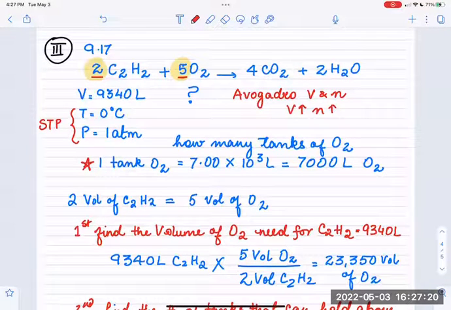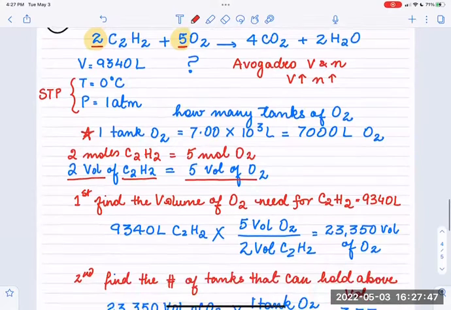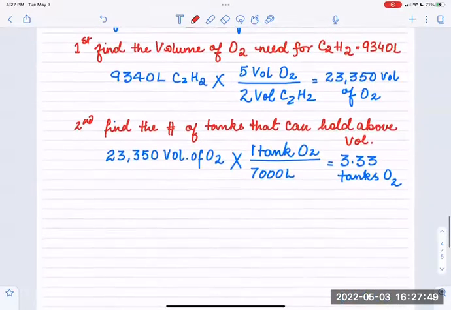Yes, we know 2 moles of acetylene are reacting with 5 moles of oxygen, but we can also say that 2 volumes of acetylene are reacting with 5 volumes of oxygen. So we know that it's 2 moles, but these moles and the volumes can be interchanged. And in the volume, you can put liters, milliliters, whatever units for volume you need.